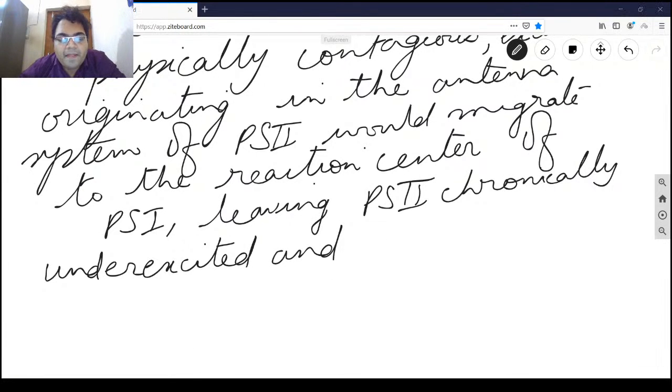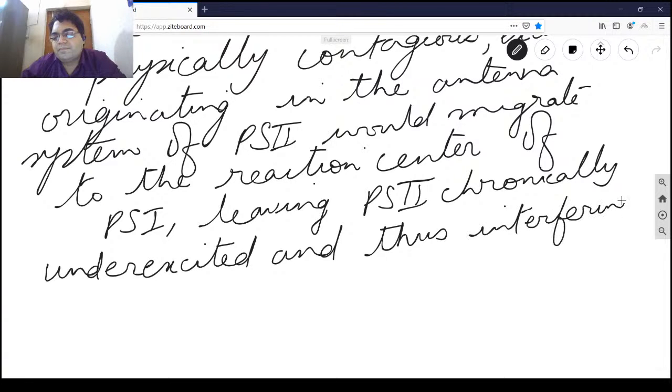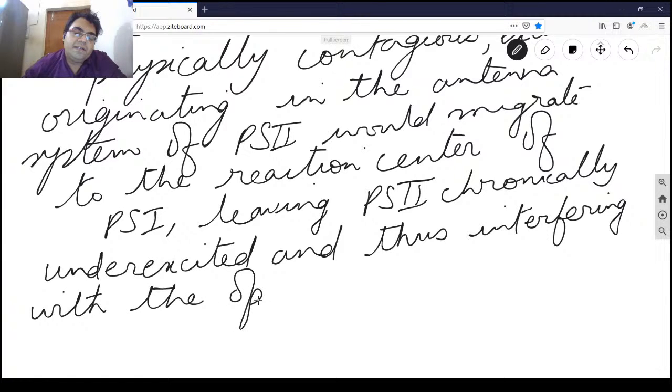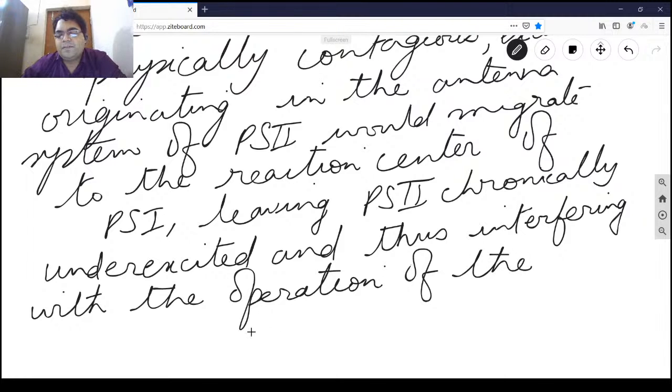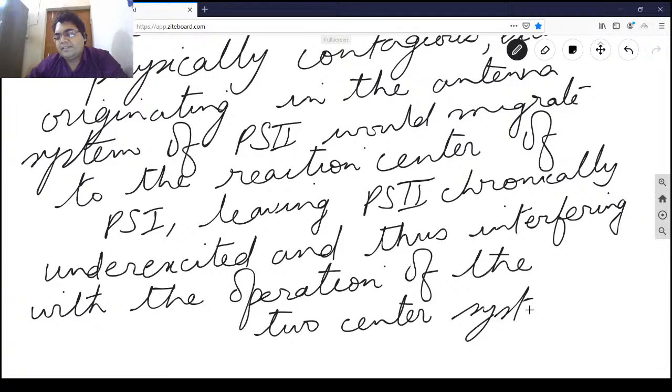And if it is chronically underexcited, what will happen? It would interfere with the operation of the two center system. Okay, so this would happen.